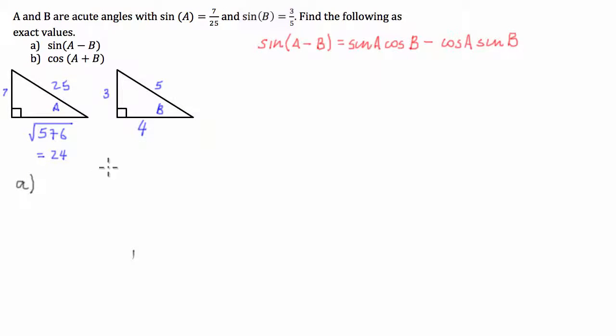So we substitute it in: sine of A, which is 7/25, times the cosine of B. Cosine is adjacent over hypotenuse, so that's 4/5. Subtract the cosine of A, which is 24/25, times the sine of B, which is 3/5.